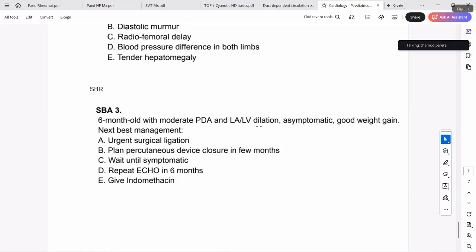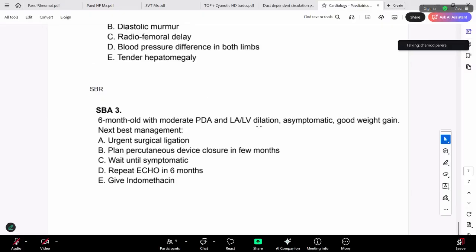So it's a 6-month-old baby with moderate PDA and left ventricle dilatation. You can suspect some form of pulmonary hypertension is also there, but the baby is asymptomatic. Because of the chamber dilatation, the baby needs an intervention.